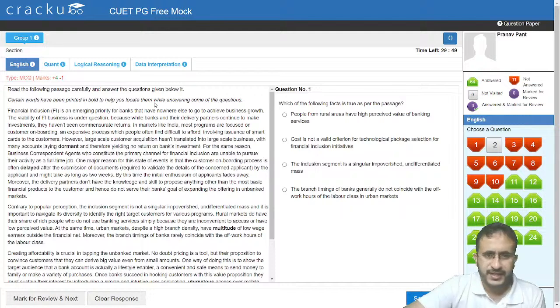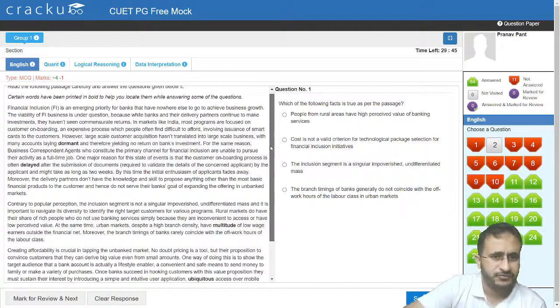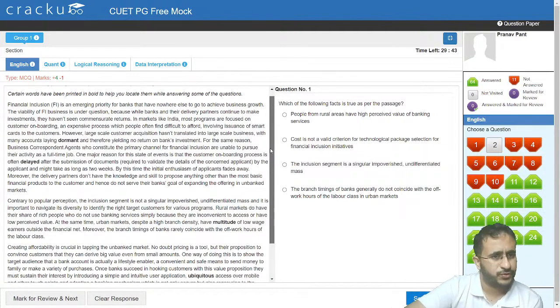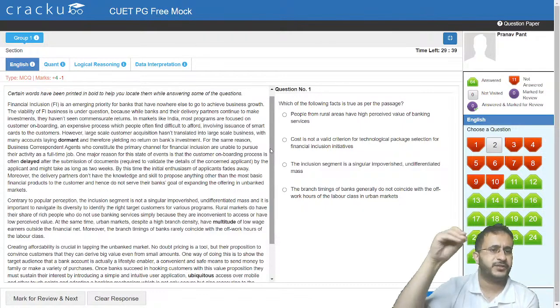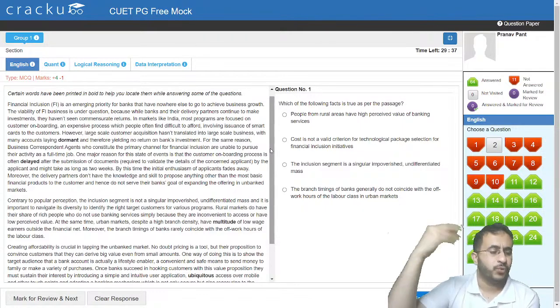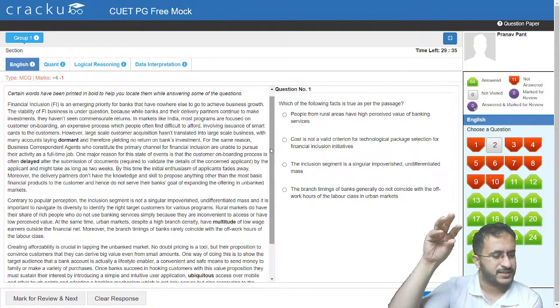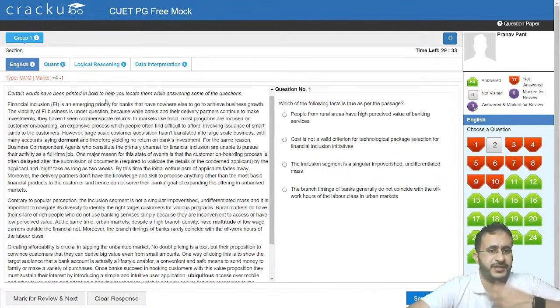So it says that financial inclusion is an emerging priority for banks that have nowhere else to go to achieve business growth. So you should know financial inclusion. Financial inclusion means including more and more people into the banking system. Okay? It says the viability of FI business is under question because while banks and their delivery partners continue to make investment, they haven't seen commensurate returns.